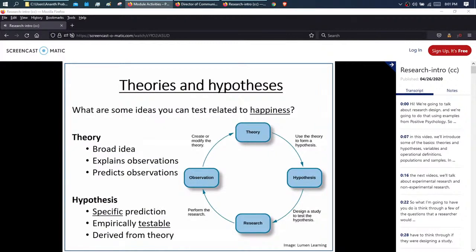It is empirically testable. So it is specific, it is testable, and it is in the form of a statement. And it is derived from a theory. So if you look at this chart here, you can see how observations lead to forming a theory to explain those observations, and then from that theory, you can generate some specific testable hypotheses.